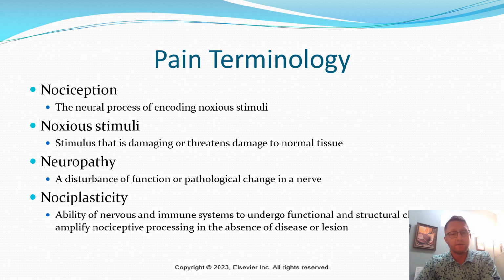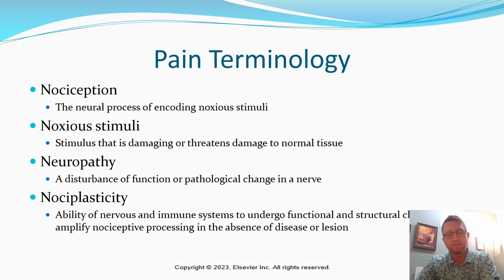Then we also have the term neuropathy. This is a disturbance of function or pathological change in the nerve. I'm sure that you've all heard this term before this lecture, but think about diabetic neuropathy. There's some kind of disturbance or pathological change in the nerve that is limiting the patient's ability to perceive some kind of sensation.